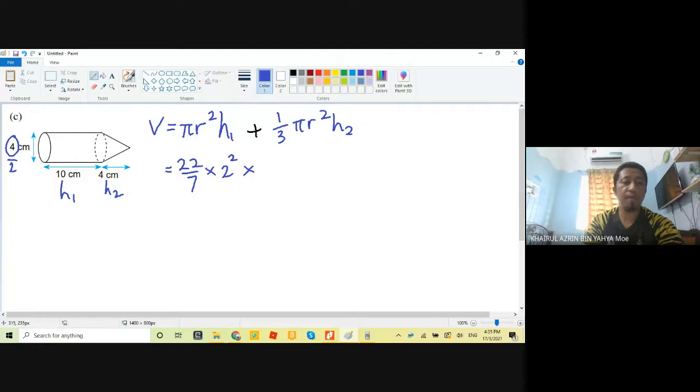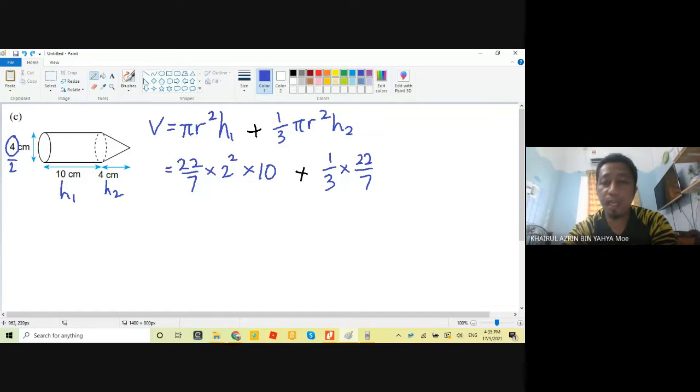So the height for the cylinder is 10. Plus 1 over 3 times pi. I want to use 22 over 7, and on the right also the same pi, 22 over 7. Times r, which is 2 square, times the second height, 4.